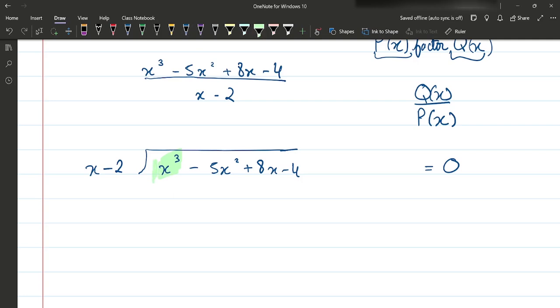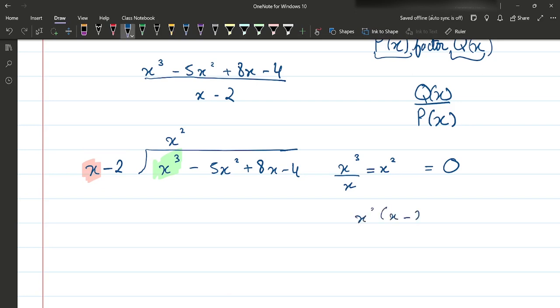This can have a coefficient, it doesn't matter, you have to take that as well. Next, come to the side and just say x to the power of 3 over x, that just gives me x squared. So put x squared up on top, then you do x squared times all of this, because that will give you x to the power of 3 and we'll be able to subtract.